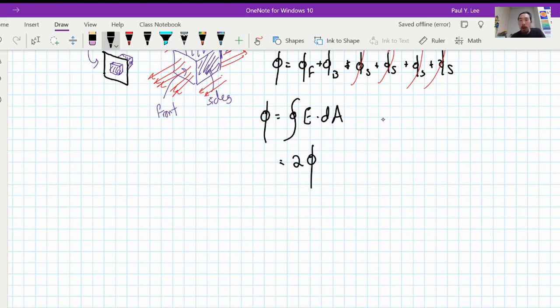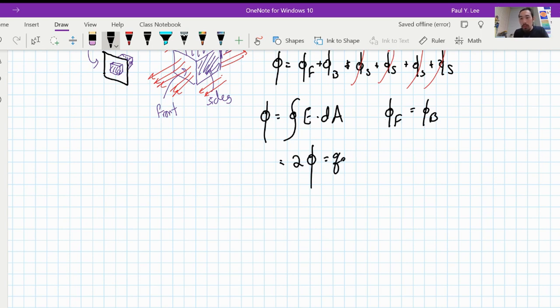And because the E field is coming out of both of those sides, we can say that the E from the front is equal to E of the back, right? Because the E field is coming out of the front and it's coming out of the back. And I'm emphasizing the word out in this situation here. Okay, so we have 2 times the flux for our scenario, and we can finish the rest of the formula.